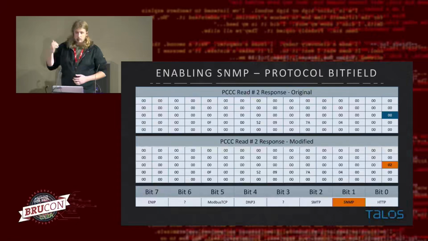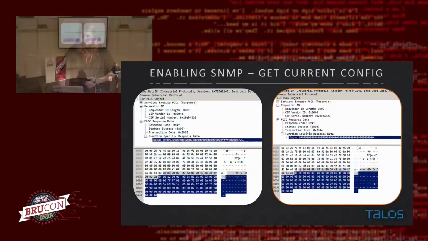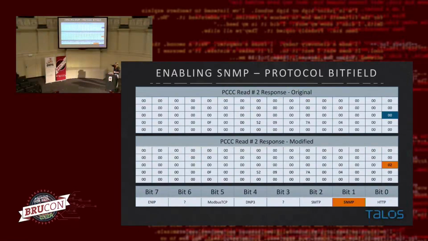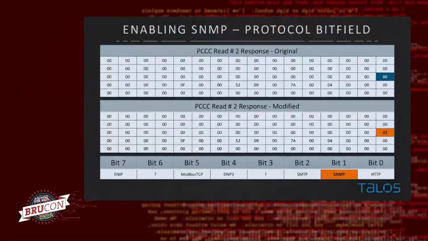This is the same view as before of the right-hand side, except on the very top we have just the straight data, the same thing that was highlighted in the screen before, with that extra byte highlighted a different color. I'm going to be calling this the protocol control byte, really just because it's a bit field that contains individual bits as the on and off state for each of the different services.